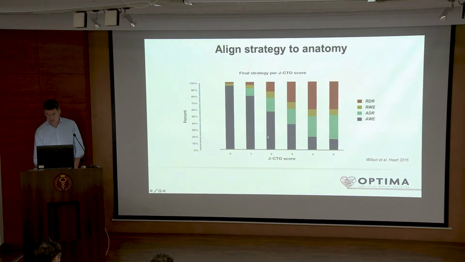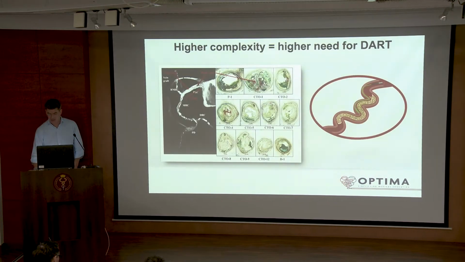As you'll see, in most simple cases you won't need any of these dissection re-entry techniques, but as you're getting into the very complex cases, there's really a halfway split between retrograde dissection re-entry and antegrade dissection re-entry. So very useful tools in the more complex cases.